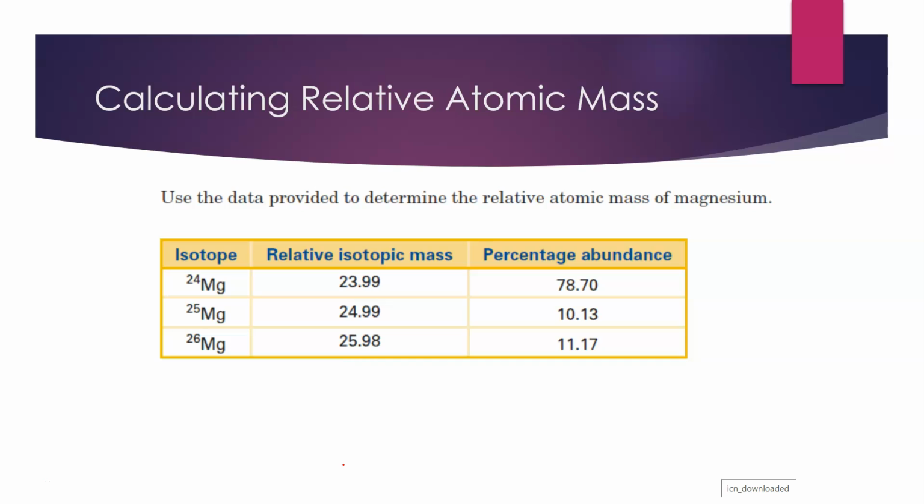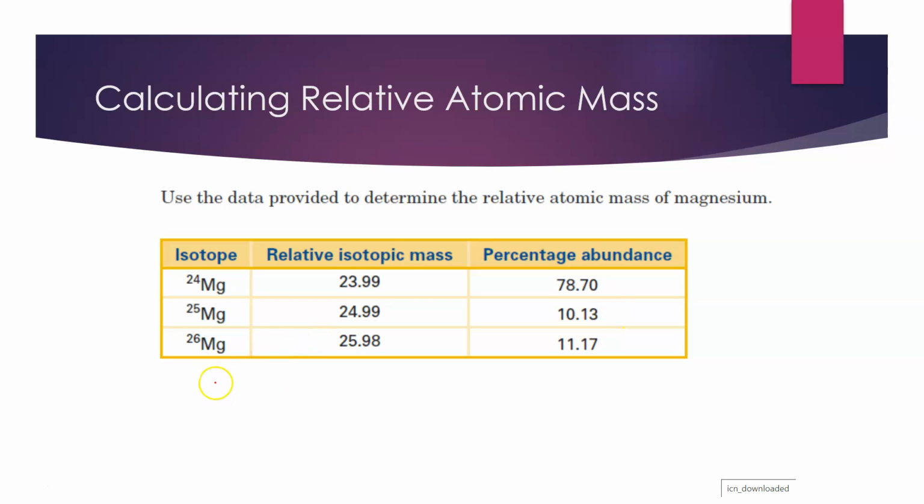This is data that was obtained from a mass spectrum for magnesium. So this mass spectrum would have three peaks, one at 24, one at 25, and one at 26. The percentage abundances, so the height of these peaks relative to each other, would be 78.7%, 10.13%, and 11.17%.